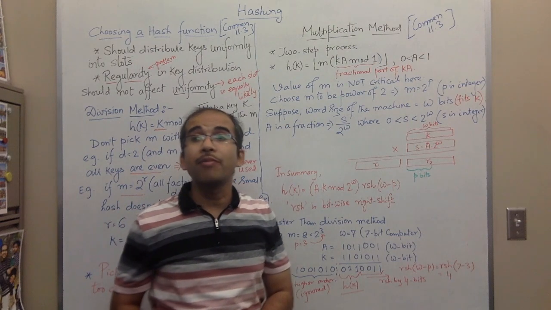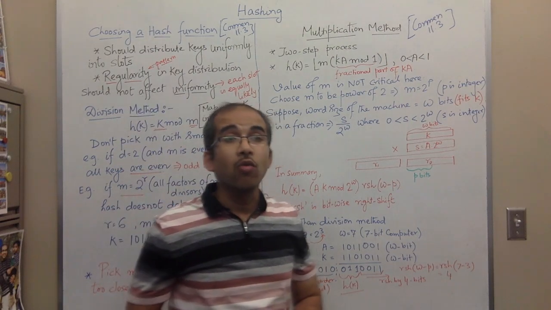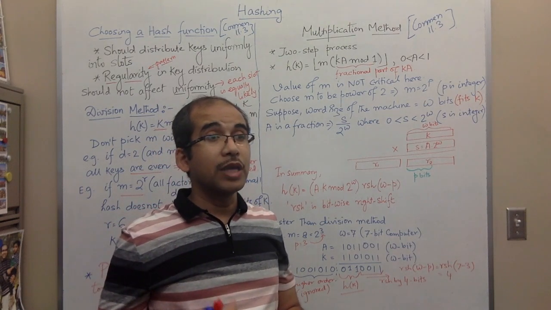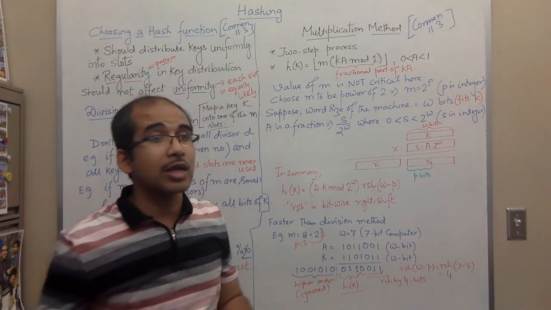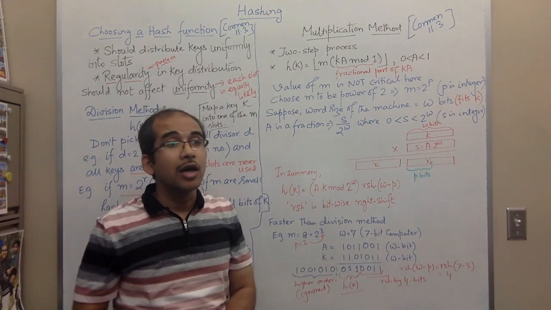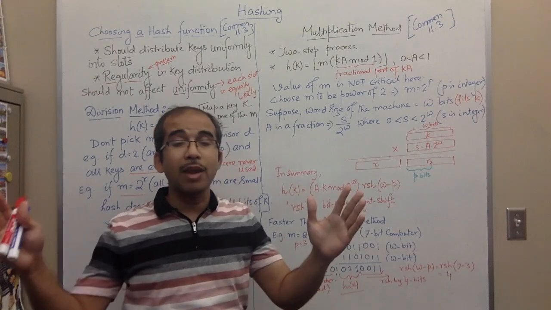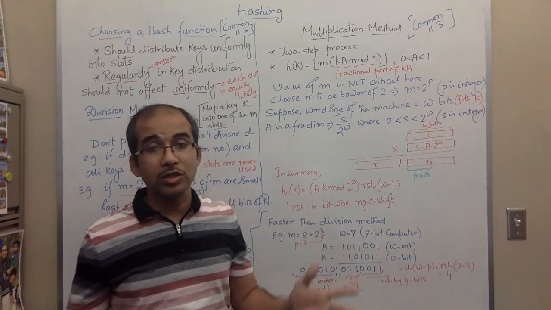If you don't remember what a word size is, I already talked about it when we discussed the RAM model. Word size is the number of bits taken from memory to the processor at one time, the size of the bus. Like if it's a 32-bit computer, your word size is 32 bits, meaning one word in memory stores 32 bits. In a 64-bit computer, one word in memory stores 64 bits.